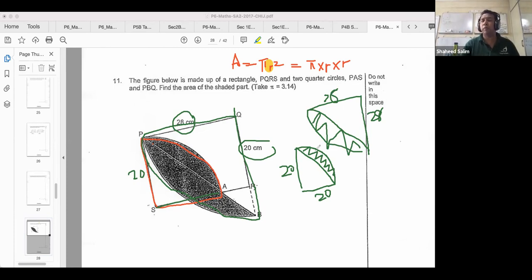You get this one. Quadrant minus triangle. You get this one. Can do or not? Tired lah.